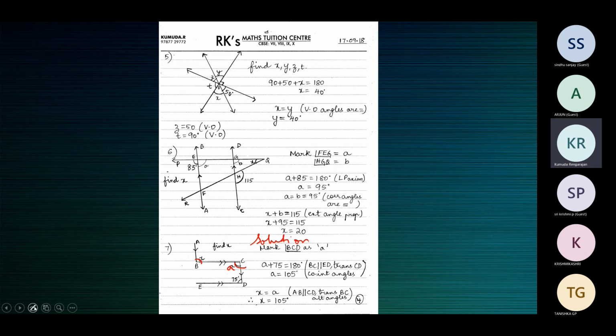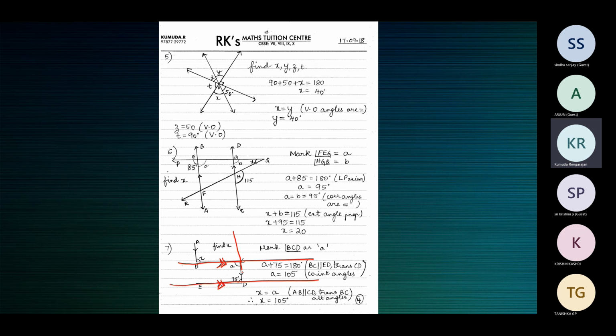Y, B, whatever. Okay. Now BC is parallel to ED and CD is the transversal. Produce the lines to understand better. See here, you can see the arrows here, the double arrows. The double arrows indicating that BC is parallel to ED.